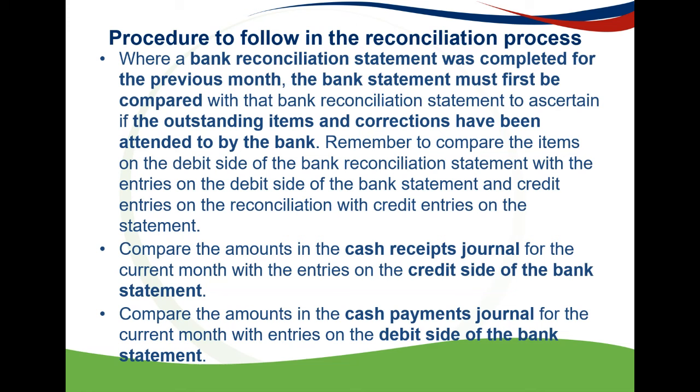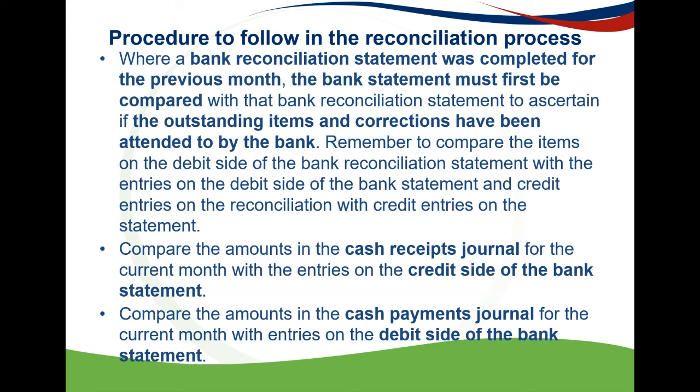So the current bank statement must first be compared with your previous month's bank reconciliation statement. Remember to compare the items on the debit side of the bank reconciliation statement with the entries on the debit side of the bank statement, and credit entries on the reconciliation with credit entries on the statement.